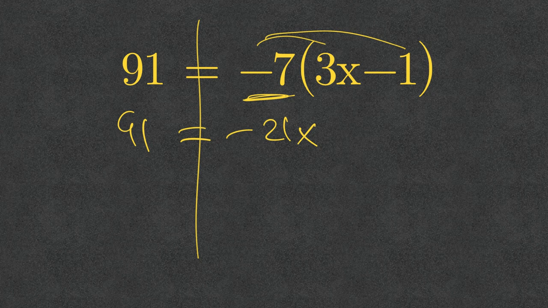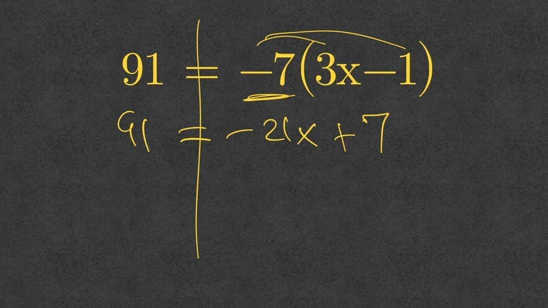Negative times a negative is always a positive when we're multiplying, right? So what's negative 7 times negative 1? Positive 7. Wonderful. A little bit of distribution in our life always has done us well. Everybody okay with that? Make sure we get that multiplier to everything inside there, which we did.